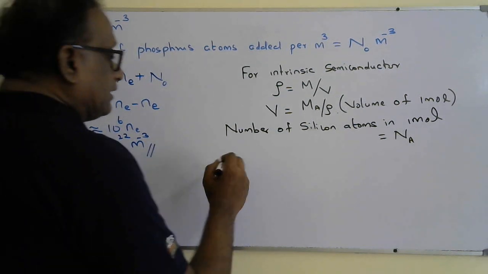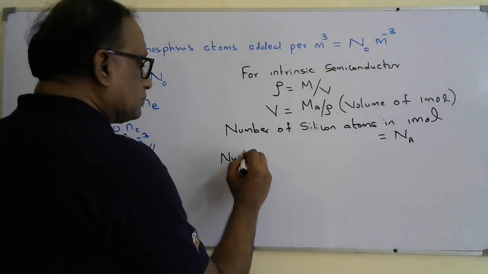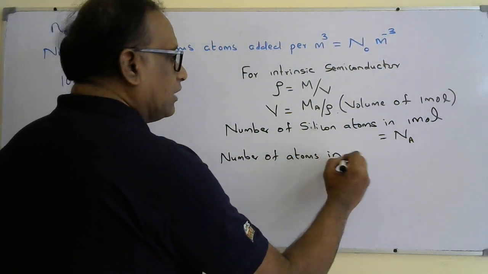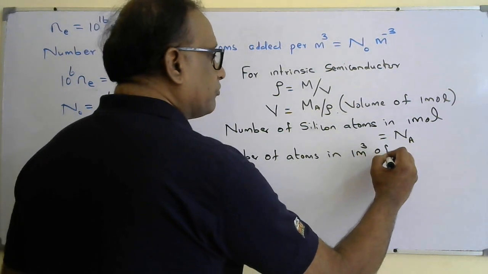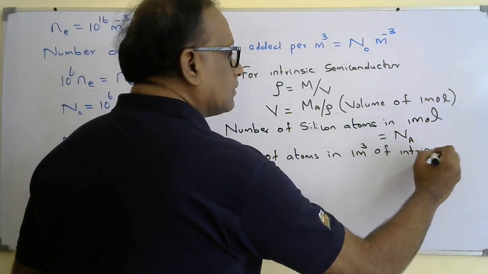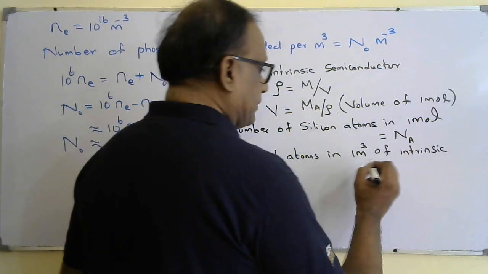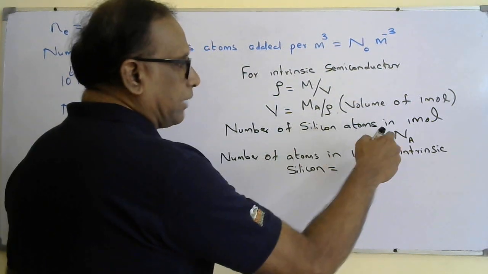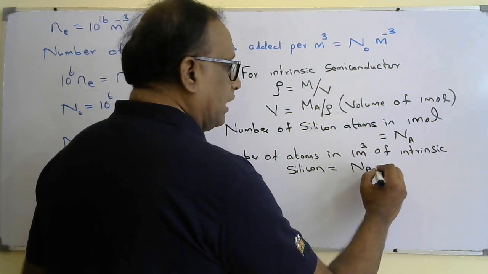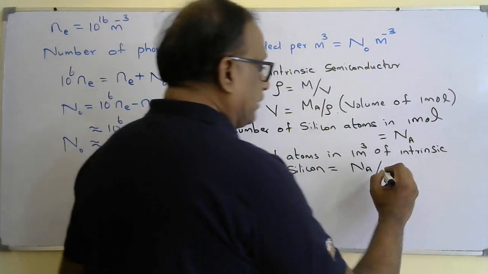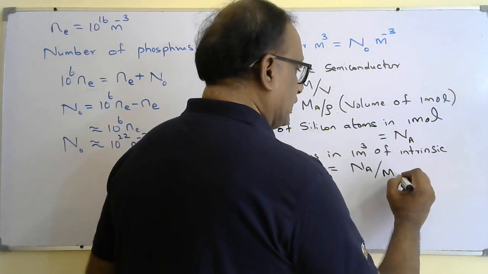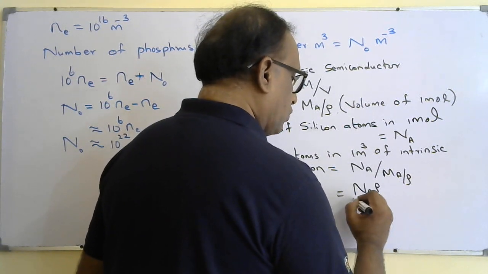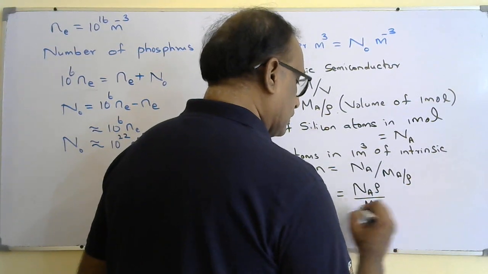So I can find the number of atoms in 1 meter cube of intrinsic silicon. It is equal to the number of atoms in 1 mole divided by the volume of 1 mole, that is Ma over rho, that will be Na rho over Ma.